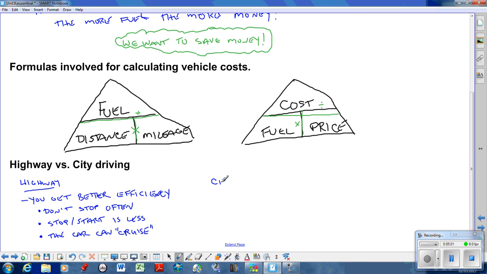With city driving, it has poor efficiency. You're wasting a lot of gas with stopping and starting. So lots of stop-start, and what else?